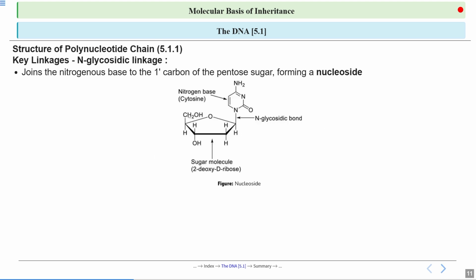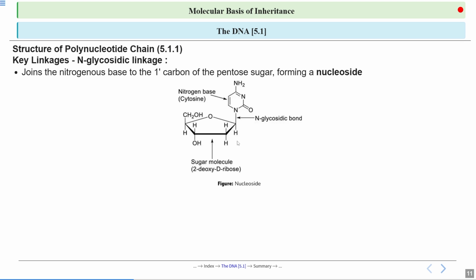So you can understand that this is a nucleoside. Why? There is a deoxyribose sugar, and then there is a nitrogenous base, and this is a cytosine. So this nitrogenous base is attached to this 1' carbon of the pentose sugar. We number it like this now: 1, 2, 1 dash, 2 dash, 3, 4, 5, this dash.